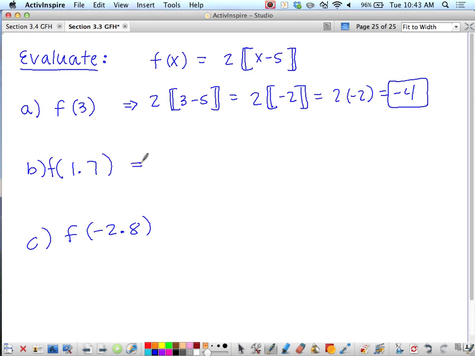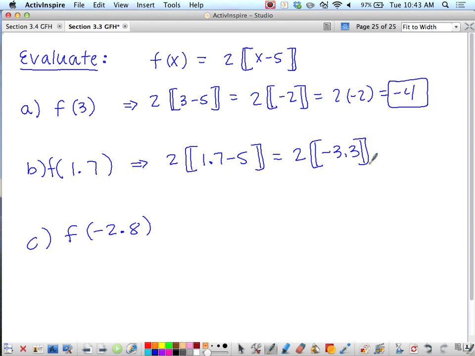If I substitute 1.7 in for x, I get 2 times the greatest integer less than or equal to 1.7 minus 5. What's 1.7 minus 5, guys? Negative 3.3. Okay, what's the greatest integer less than or equal to negative 3.3?